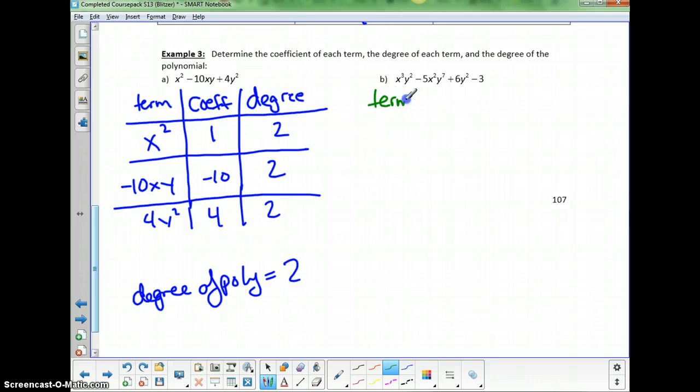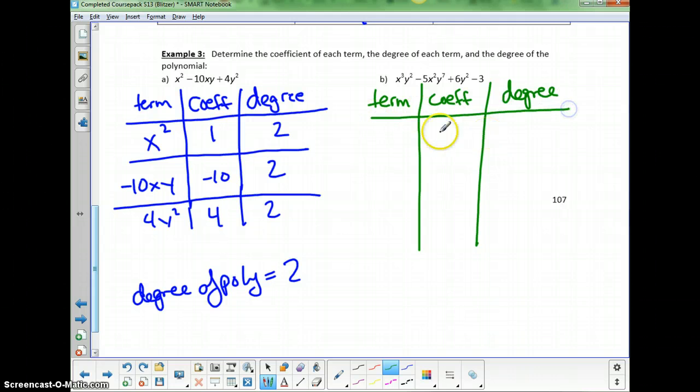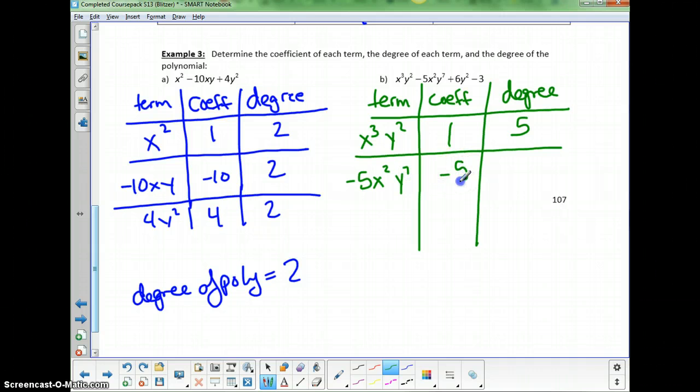Okay, let's make our chart here again. We're going to look at term, coefficient, and degree. The first term is x cubed y squared. The coefficient is 1. The degree is 5. The next term, negative 5x squared y to the 7th. The coefficient is negative 5.